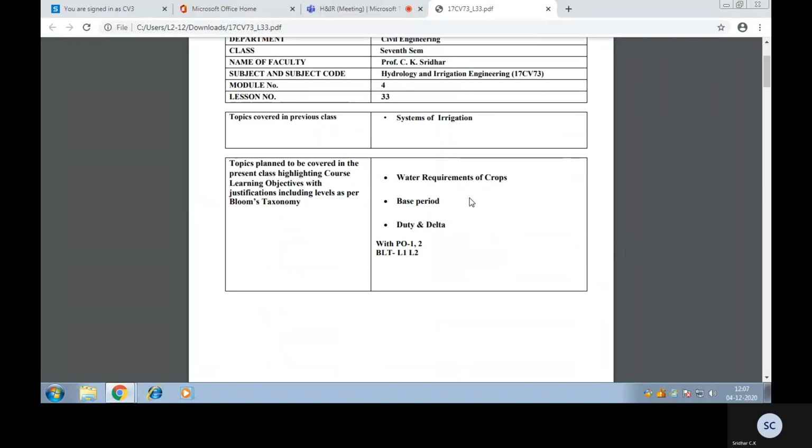So as per the meaning, the total depth of water required by the crop to come to maturity is called the delta. That means from the sowing to the harvesting, until the time of harvesting.